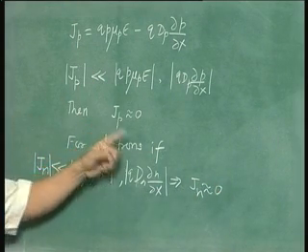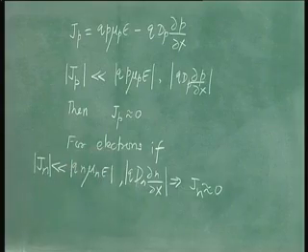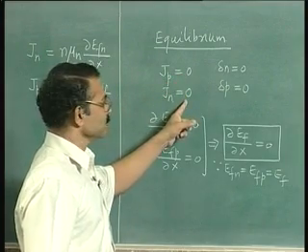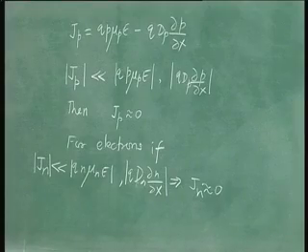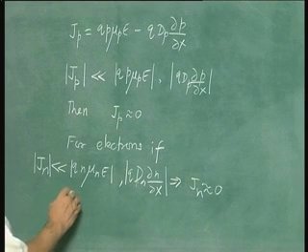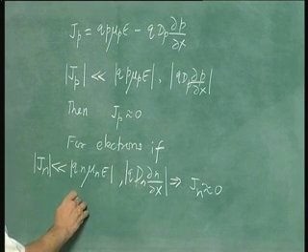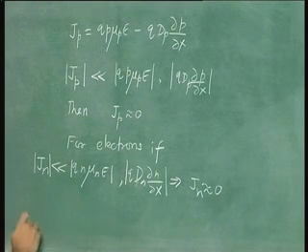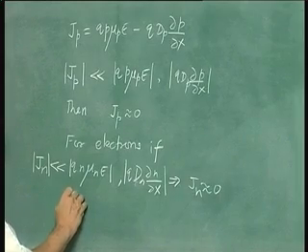So these are small disturbances from this equilibrium, Jp equal to 0 and Jn equal to 0. Okay, these are valid when drift and diffusion are large compared to the net current.